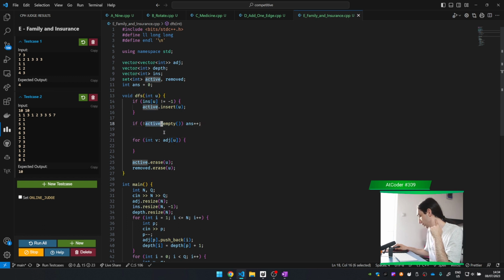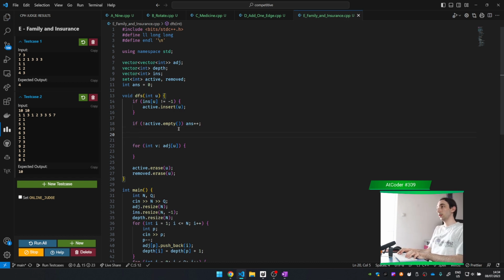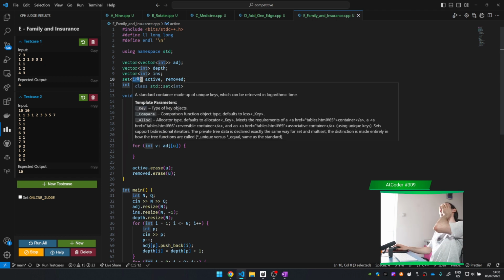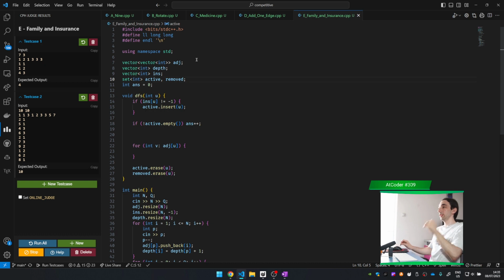So okay, I can't continue in the active to the adjacent node if... so active has to have the depth in, right? So it has to be a pair of integers, a pair where this is depth and this is node.